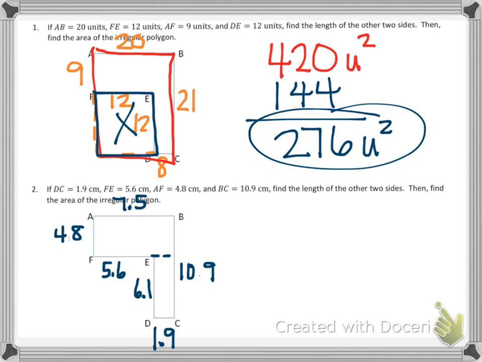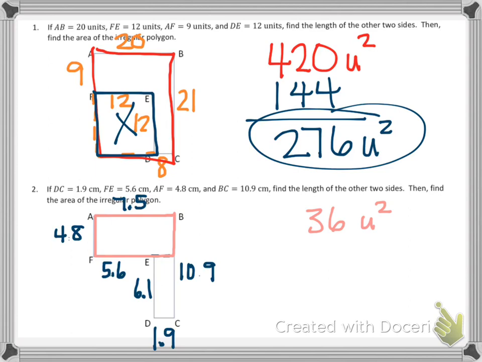So let's see what I've got here. I've got a rectangle right here on the top that is a 7.5 by 4.8 rectangle. 7.5 times 4.8 is 36 square units. That's the area on top, and let me get a different color and we'll do the bottom.